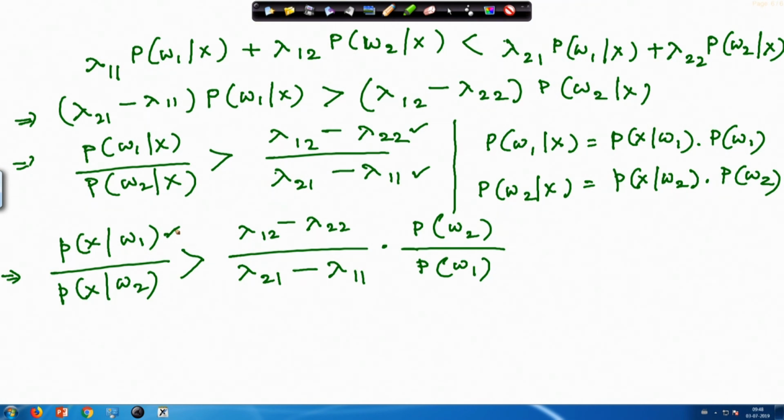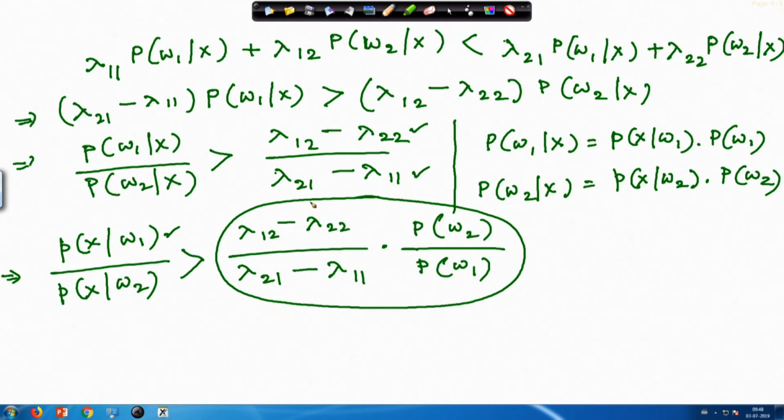So, going by that, you find that the right hand side of this inequality, that is (lambda 1 2 minus lambda 2 2) upon (lambda 2 1 minus lambda 1 1) into p of omega 2 upon p of omega 1, is independent of x. So, a decision in favor of class omega 1 can be taken if the likelihood ratio is greater than a certain threshold, where the threshold is given by this.